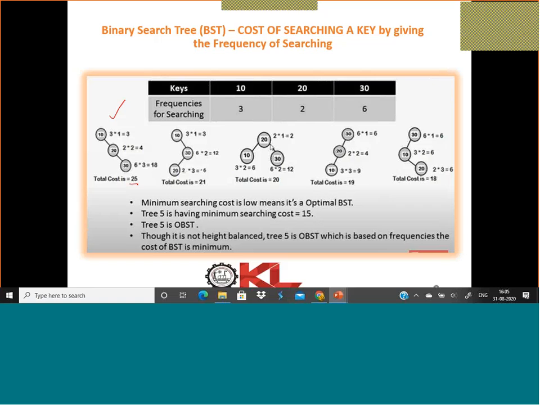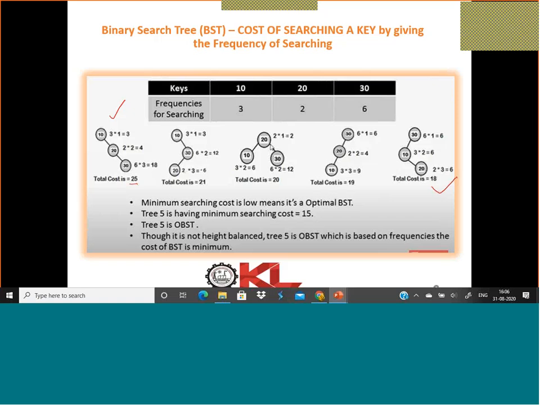If I am using the second tree, it is 21. If I am using the third tree, it is 20. Then the fourth and fifth. So the best solution for these given frequency values is this particular tree. Previously, the middle one was the highest priority, but now the scenario has changed.